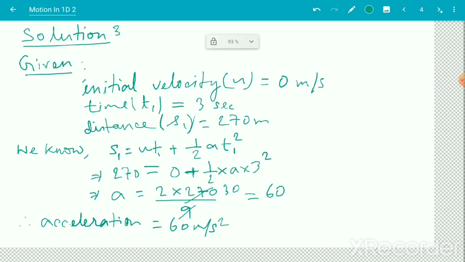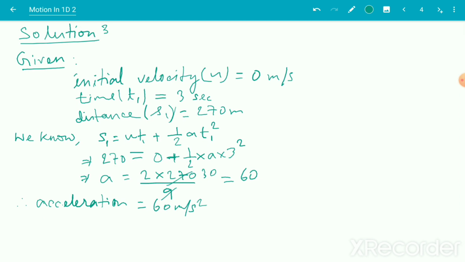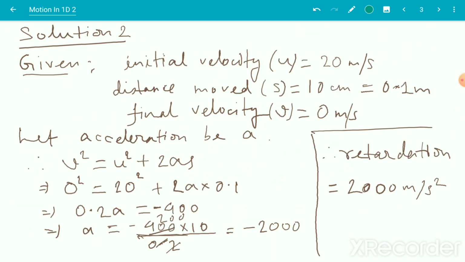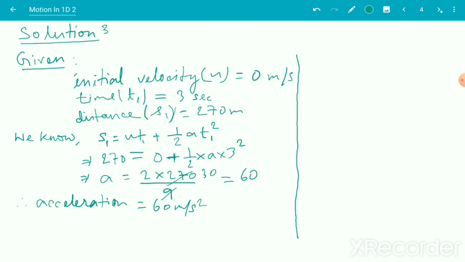Now you need to find the final velocity of the object after the time given. We have to find the velocity after 10 seconds. Okay, so final velocity after 10 seconds. Let the final velocity be v.